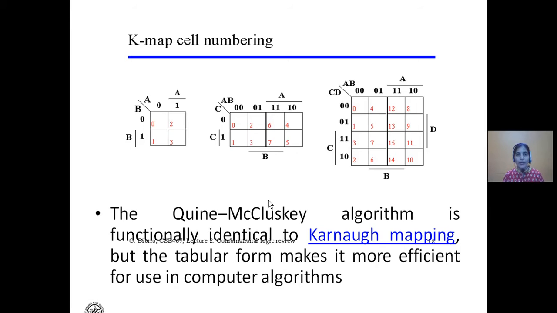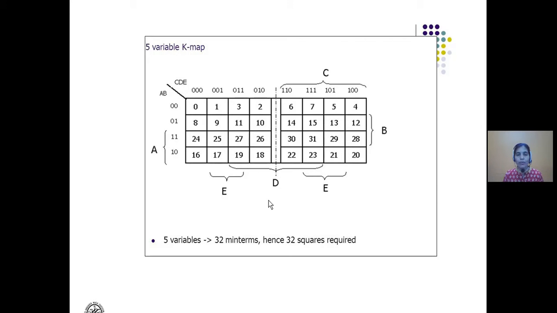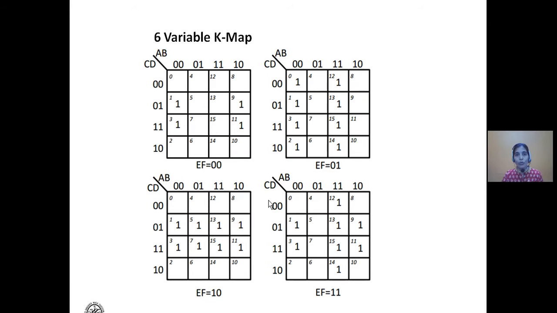If we had a 3 variable K-map, then 8 squares will be required. If we have a 4 variable K-map, we would require 16 squares and so on. If we have a 5 variable K-map, we would require 32 squares. And if there was a 6 variable K-map, 64 squares would be required.